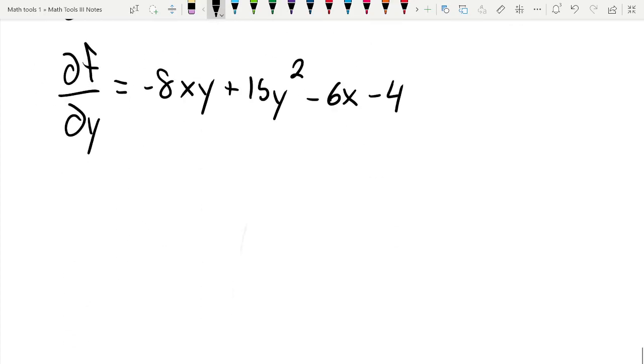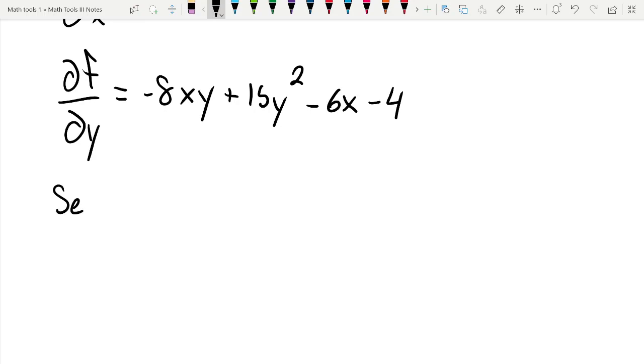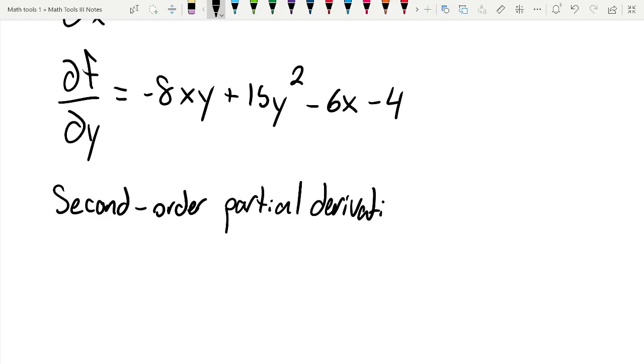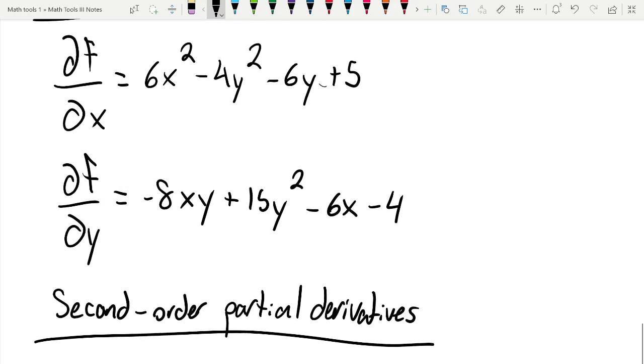So now if we go into the second order partial derivatives, first of all, how many are we going to have? Well, to take the second derivative, what we do is we differentiate the first derivative.